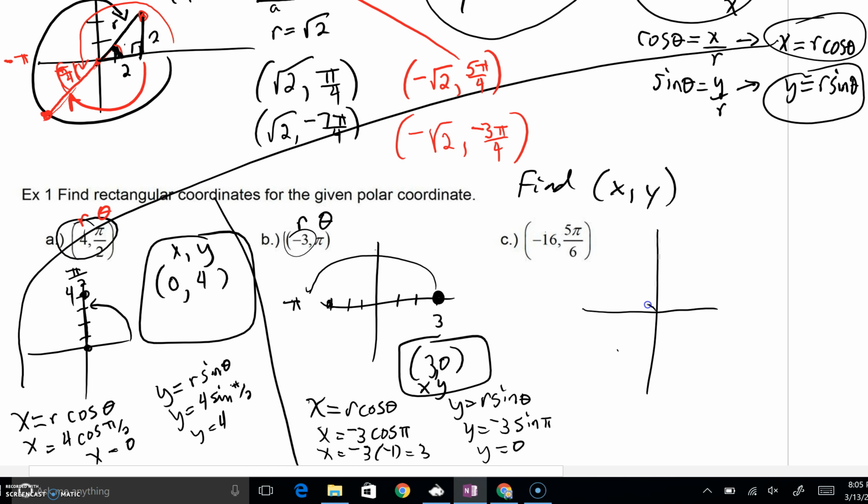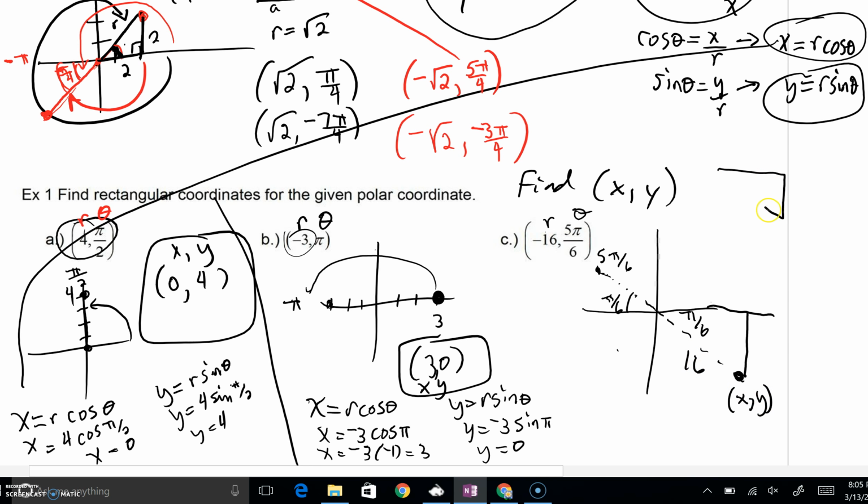5 pi over 6, if you think about that, that is a reference angle of pi over 6, and it's here in the second quadrant. Having negative 16 for your r, however, is going to project to the opposite quadrant. You're actually going to wind up in the fourth quadrant right here. Your x comma y is going to be this way.